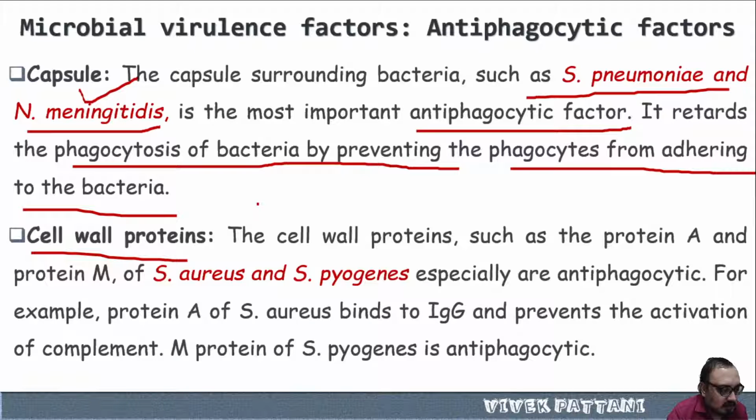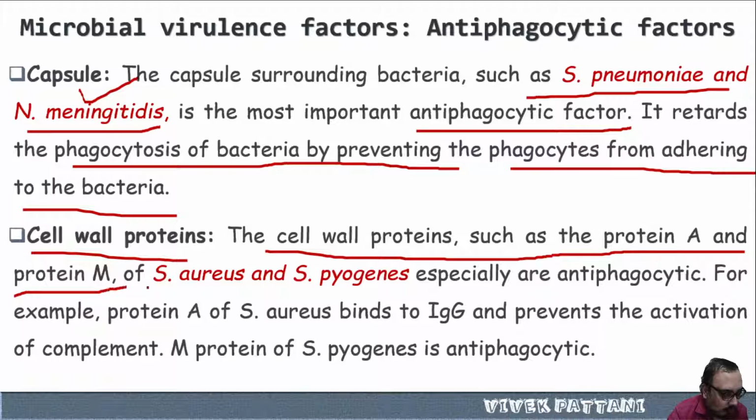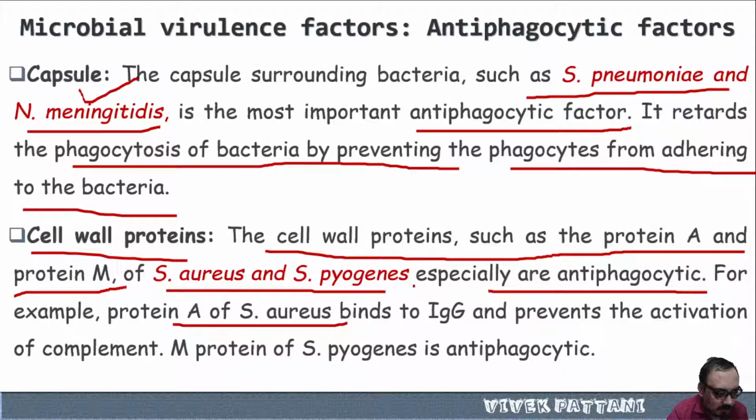Next one is a cell wall protein. The cell wall proteins such as protein A and protein M of Staphylococcus aureus and Streptococcus pyogenes especially are antiphagocytic. For example, protein A of S. aureus binds to the IgG and prevents the activation of the complement.